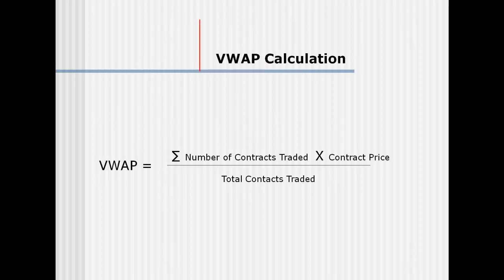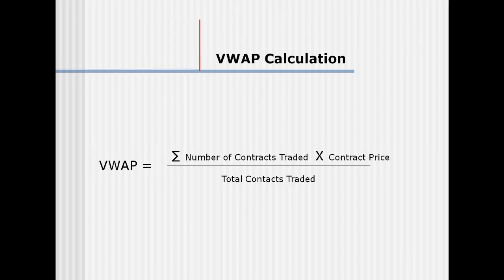Well, how is it calculated? You take the sum of the number of contracts traded at each price times each contract price at each price level, you multiply those together, and then you divide by the total contracts traded during the day.